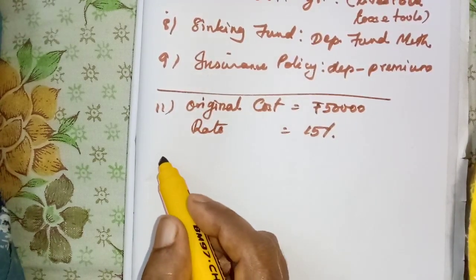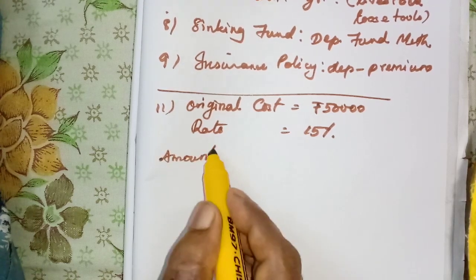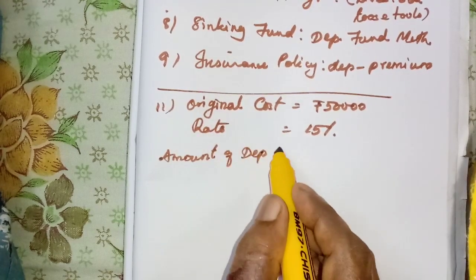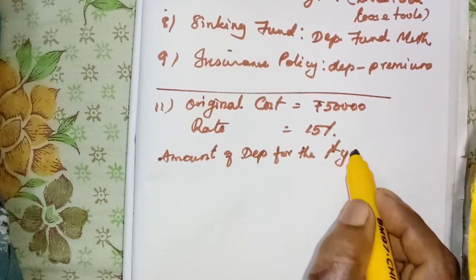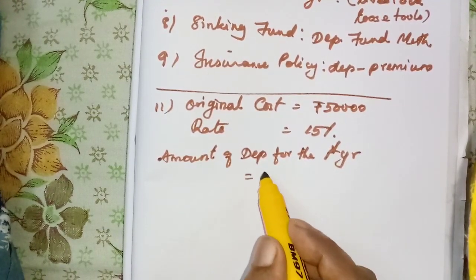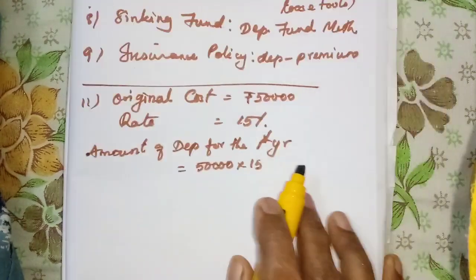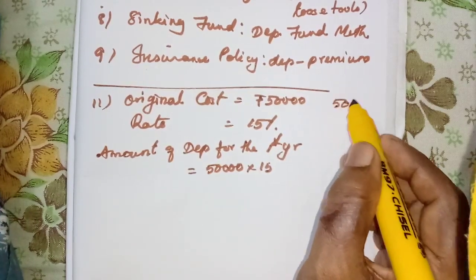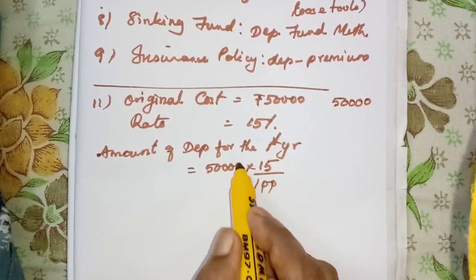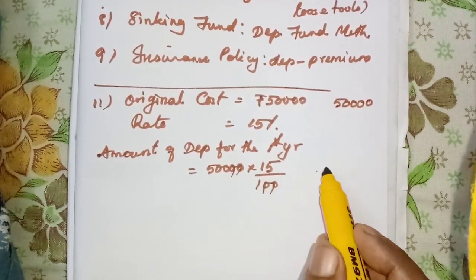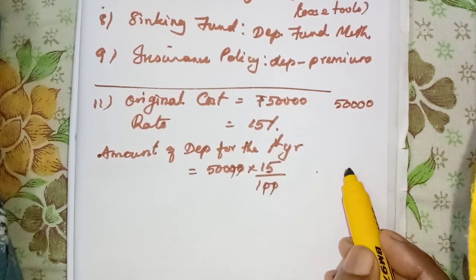So amount of depreciation for the first year is equal to 50,000 into 15 by 100. 15 into 5 is 75, then 7,500.